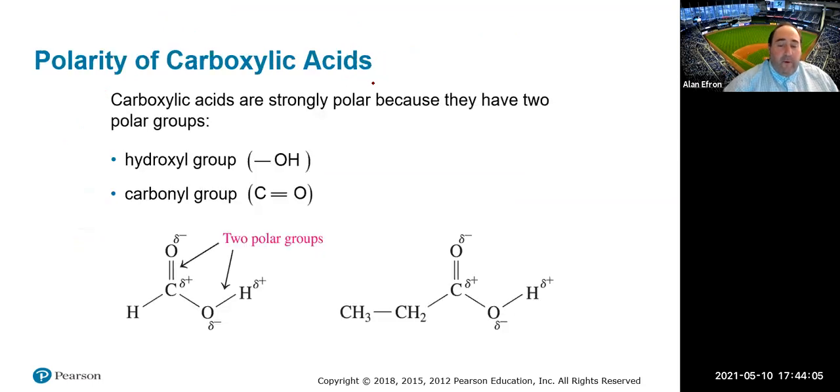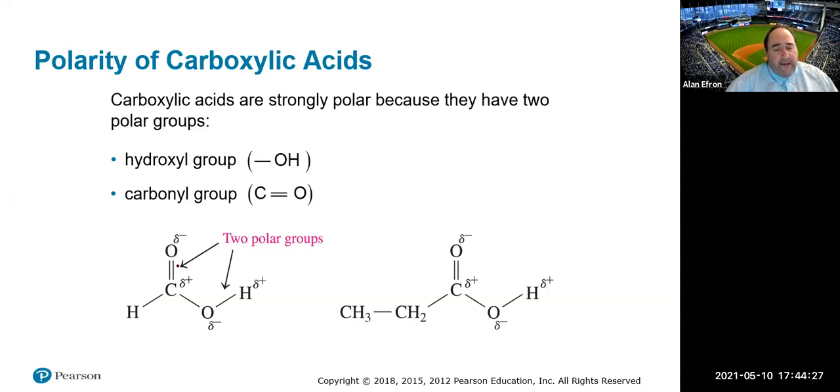But one very important property for carboxylic acids comes from those two groups that make up the functional group, and it gives it some really important properties. First off, as we talked about, the carbon-oxygen double bond, this carbonyl group, is a polar group, with the carbon being more positive, the oxygen being more negative.